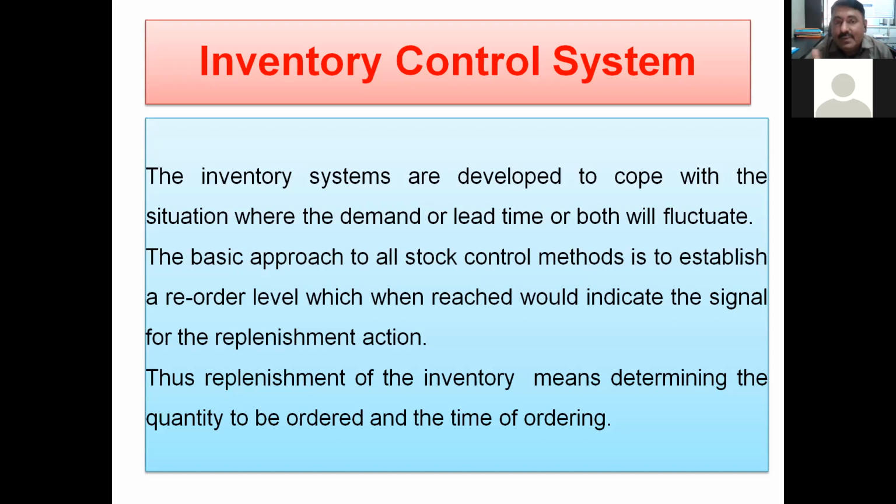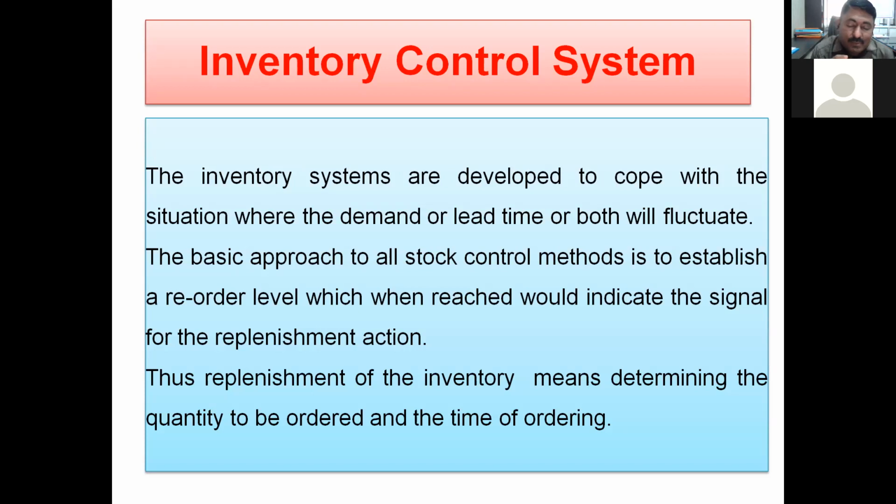When there is a fluctuation in lead time, if we order an item it may come in 7 days, next month the same item in 15 days, next month 10 days. So 7 days, 10 days, 15 days, 20 days, there is no guarantee. We cannot rely that if we place the order we will get it in a particular time. So this is the fluctuation in lead time and fluctuation in demand.